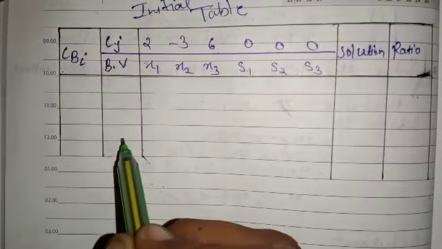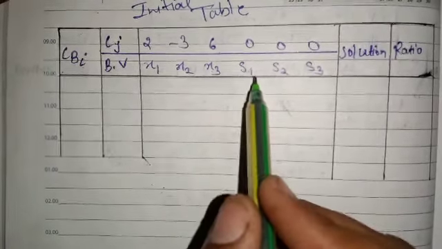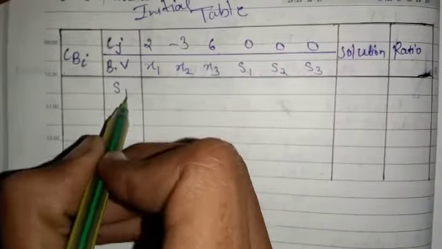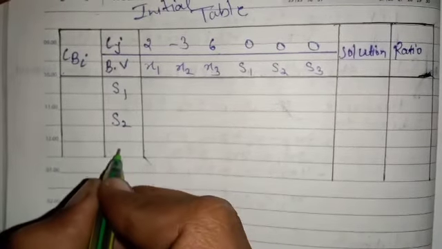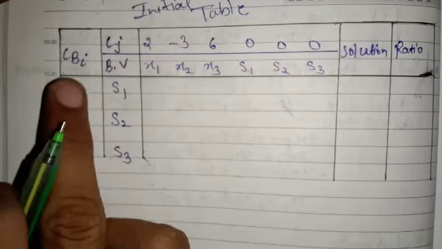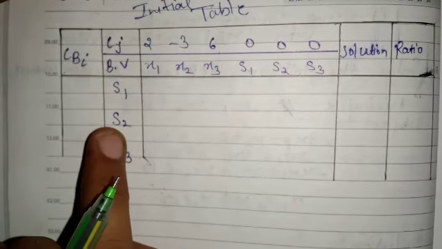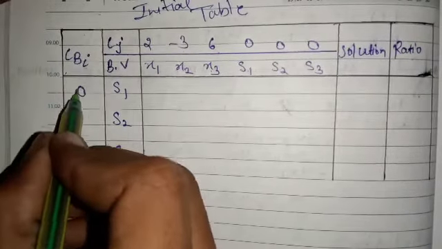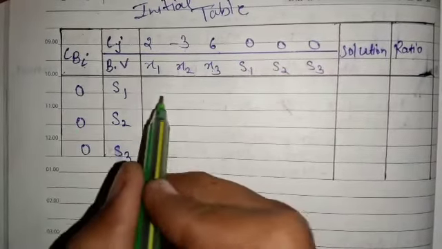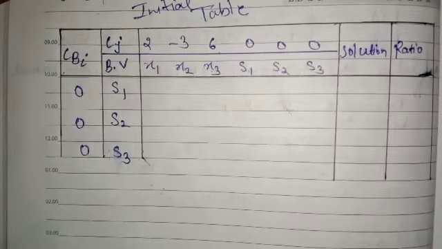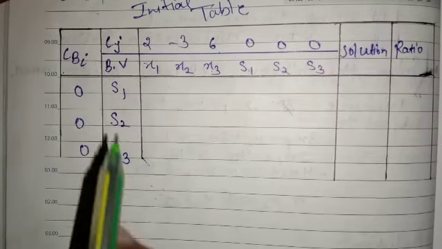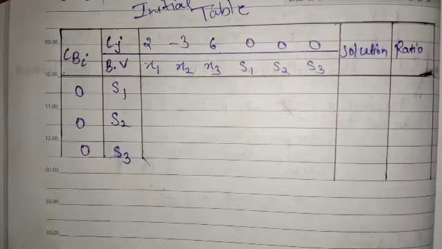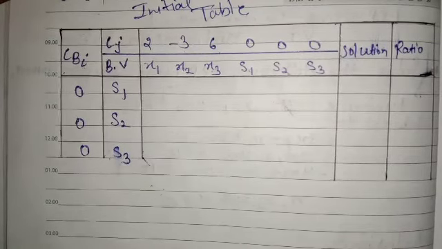Now under this column we write our slack variables, the basic variables s1, s2, s3, and in CB the value of the slack variables, 0, 0, 0. To find the other values we go to our constraints: for s1 we go to the first constraint, for s2 the second constraint, and for s3 the third constraint.